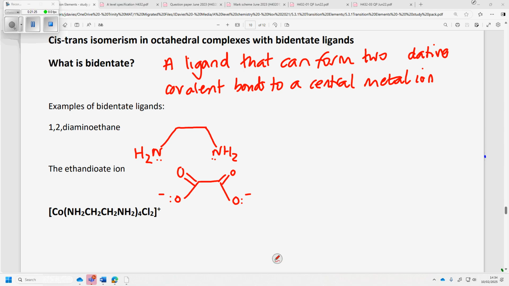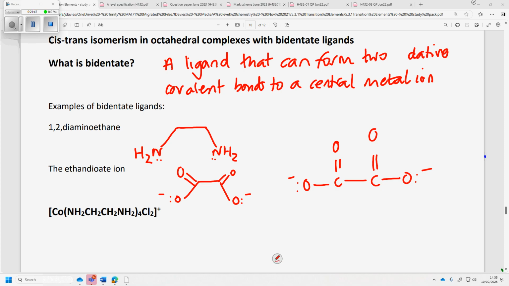Think about this carboxylic acid that has lost a proton from each of the carboxylic acid groups, wherever you want to put that minus.